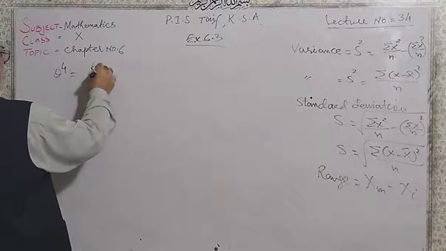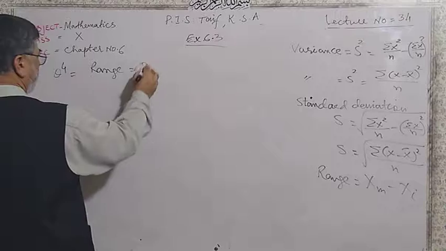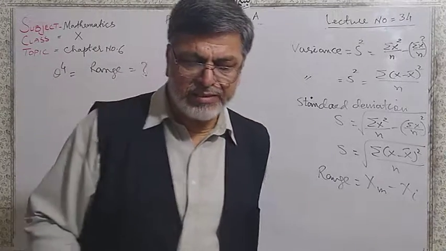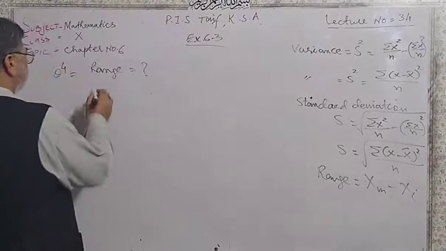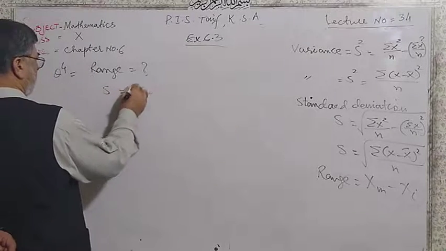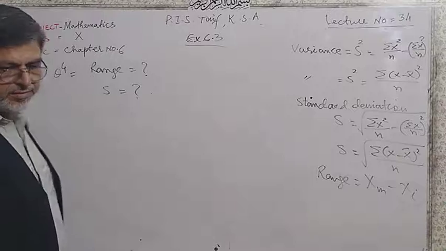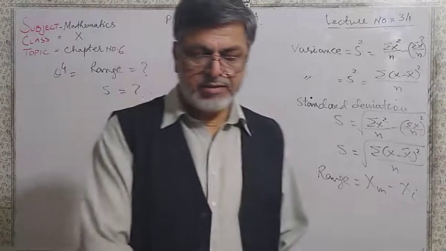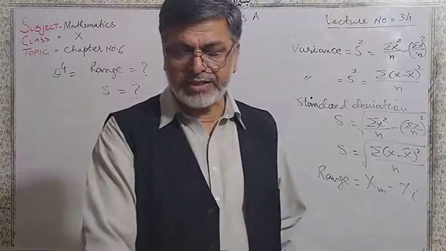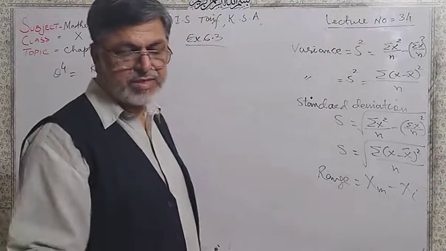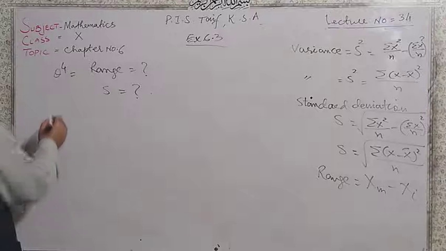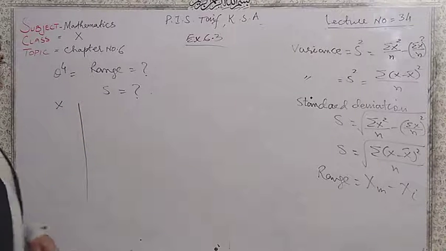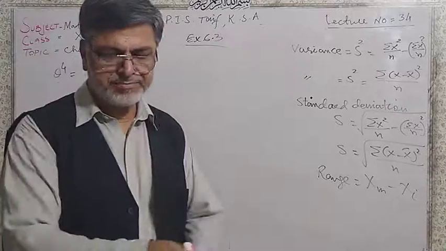We have to find range and standard deviation. We are given the data. First of all, we will make the column of x. Remember that here is column of x.